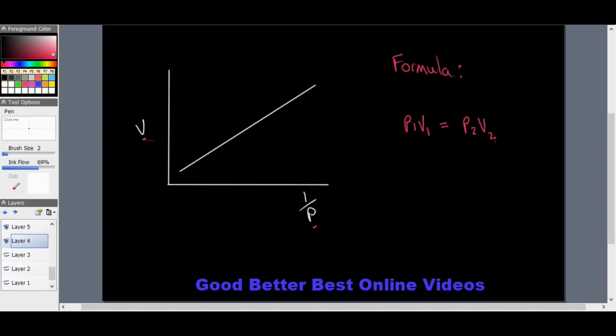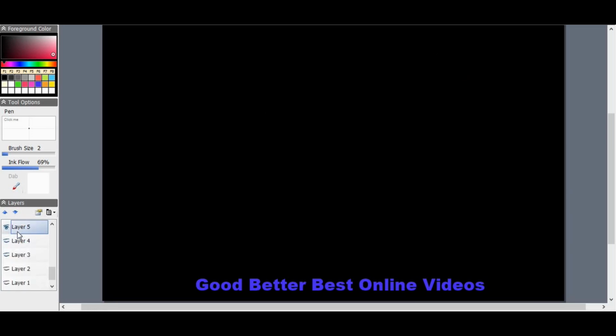So for the purpose of the recording, the volume of air, which is the gas in this case, P1, is going to equal 80 kilopascals, and V1 of that air was 2 decimeters cubed.